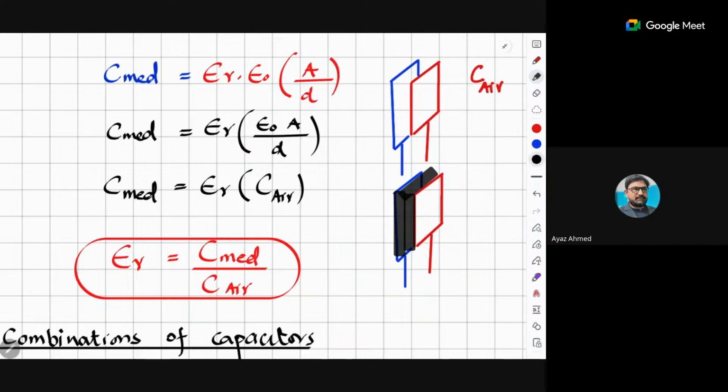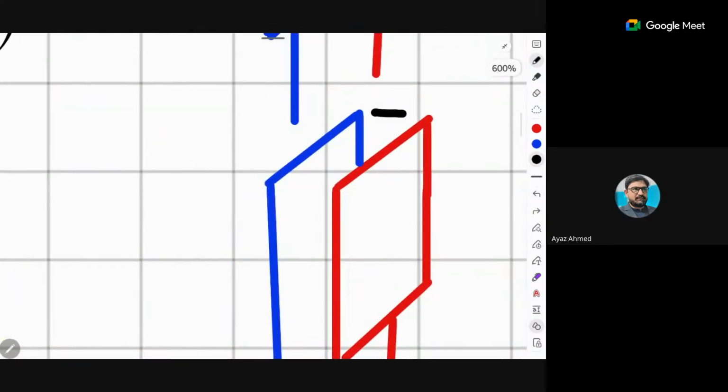Now that insulating material will create a capacitance which is greater than the capacitance of the capacitor which you have prepared already. Let me draw the dielectric.